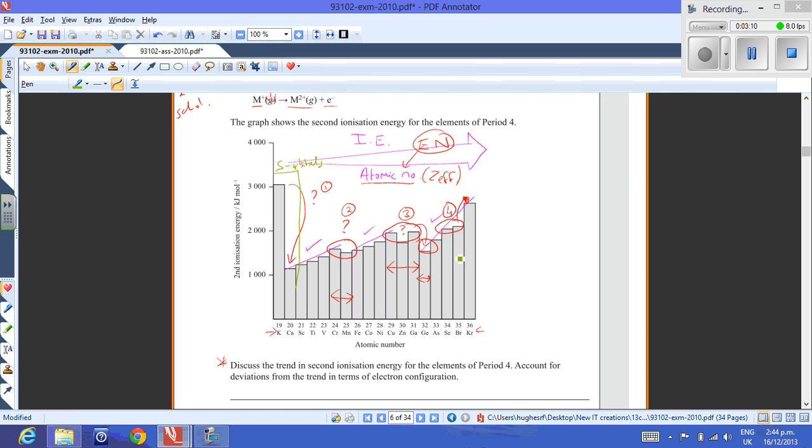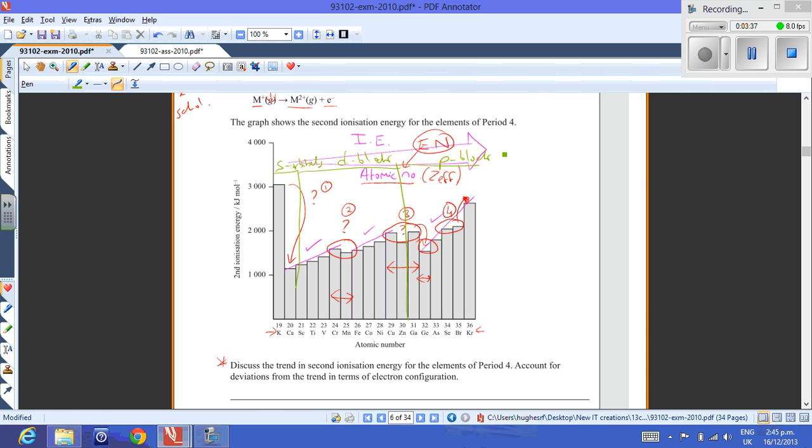And then from scandium all the way to zinc, these are going to be d block elements. And then for the rest of these, the other 6 here, 1, 2, 3, 4, 5, 6, we have the p block.